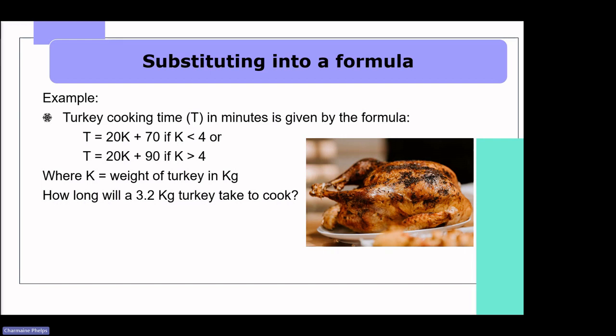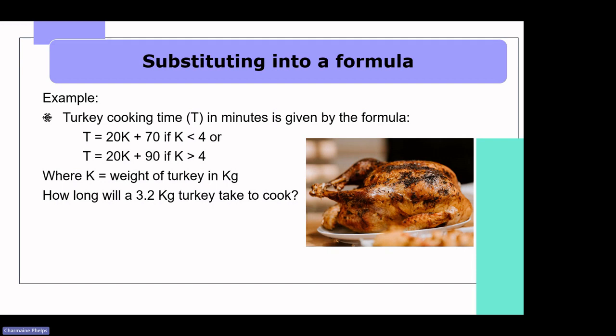But in general, all you need to do is substitute the numbers that you've got for the letters. And if you're a vocational teacher, it's highly likely that there will be formulas your learners have to use. So having a bit of confidence around substituting into a formula can obviously be helpful.